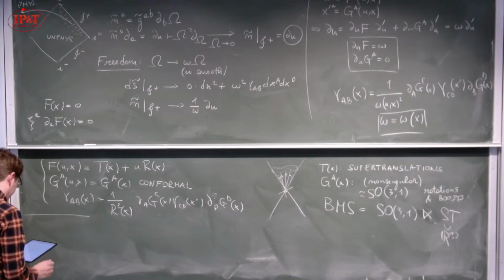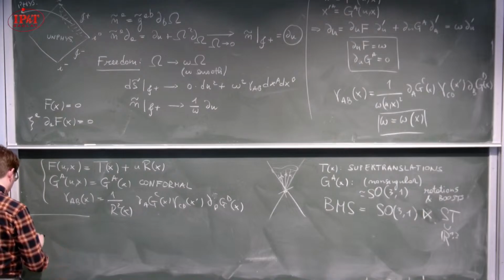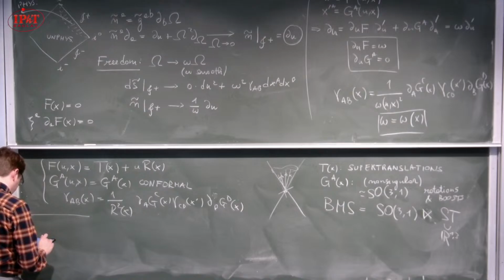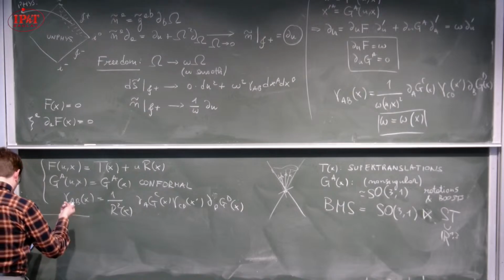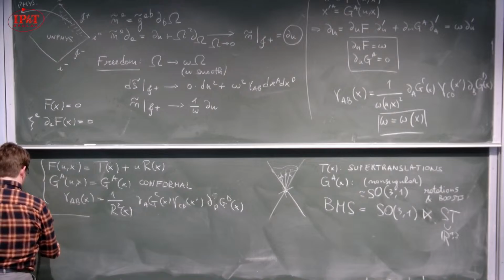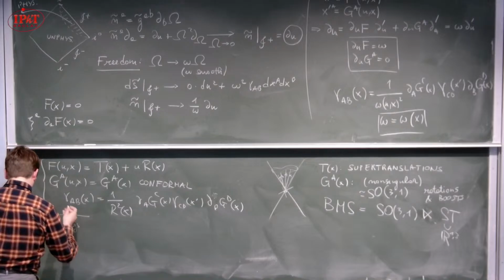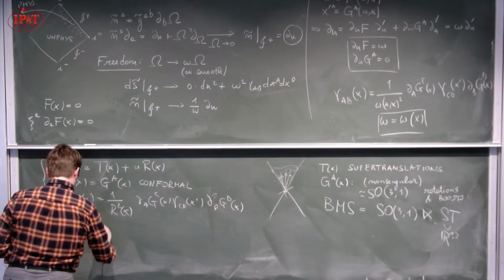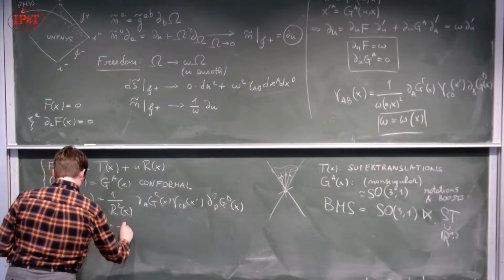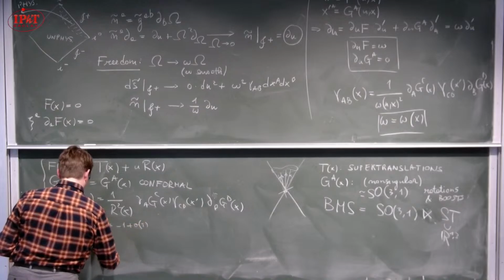In order to do that, let me make an ansatz for the form of this potential. What one gets from this BMS analysis, although this is not very important, but I just wanted to mention, is that G_UU will be -1 plus something that goes to 0.